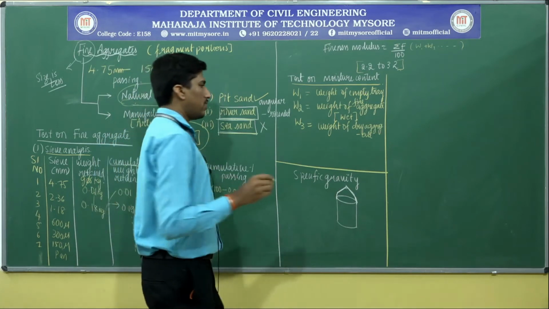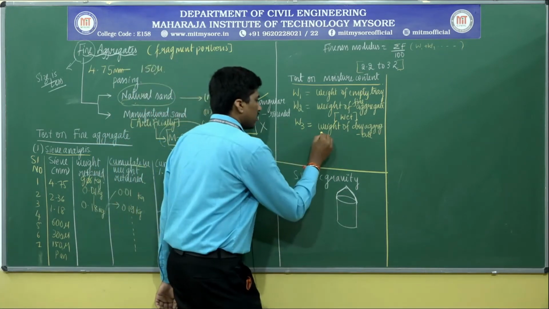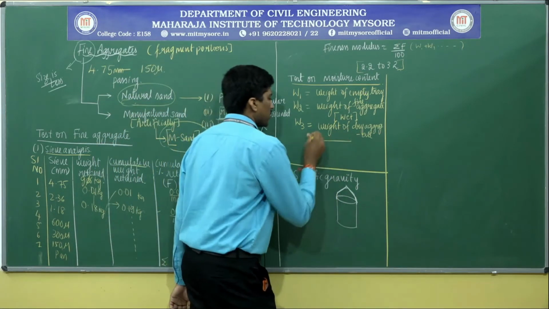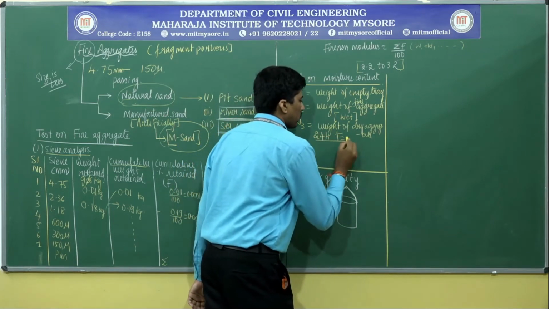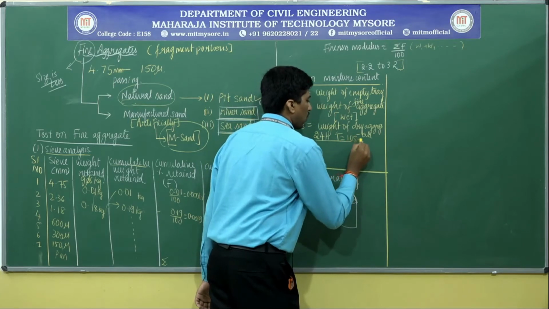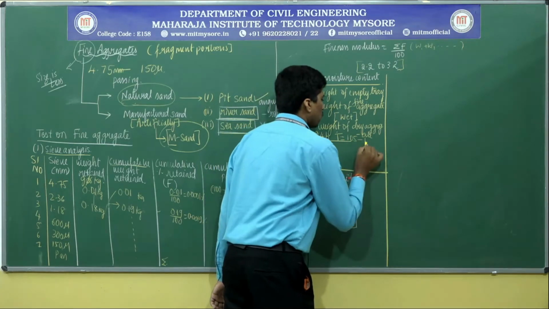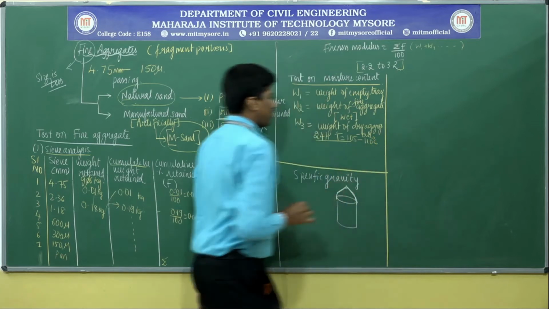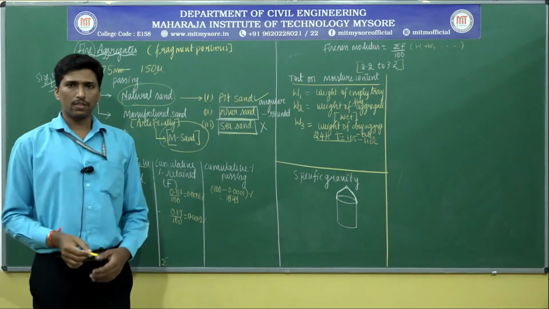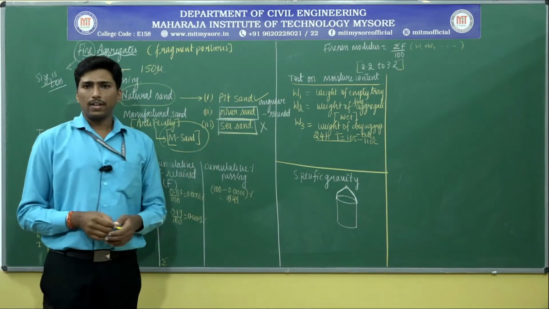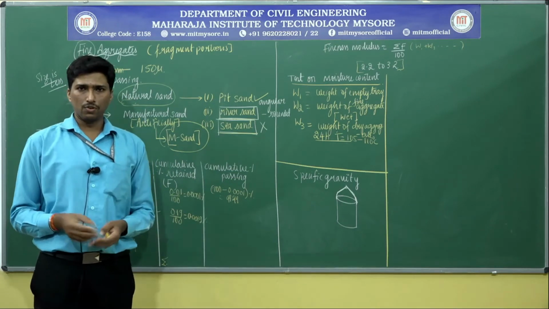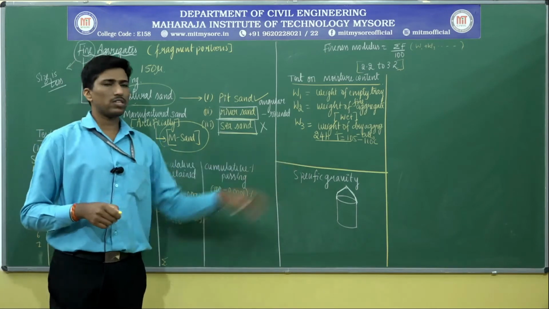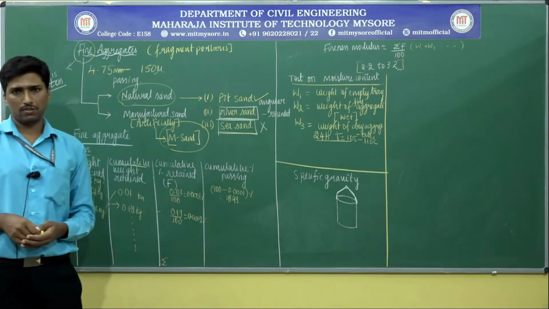Finally, if you want to determine the moisture content, you need to subject it for 24 hours at a temperature T in the range of 105 to 110 degrees Celsius. This is the normal temperature which we are going to keep. If you want to increase the temperature, the retention time will decrease.